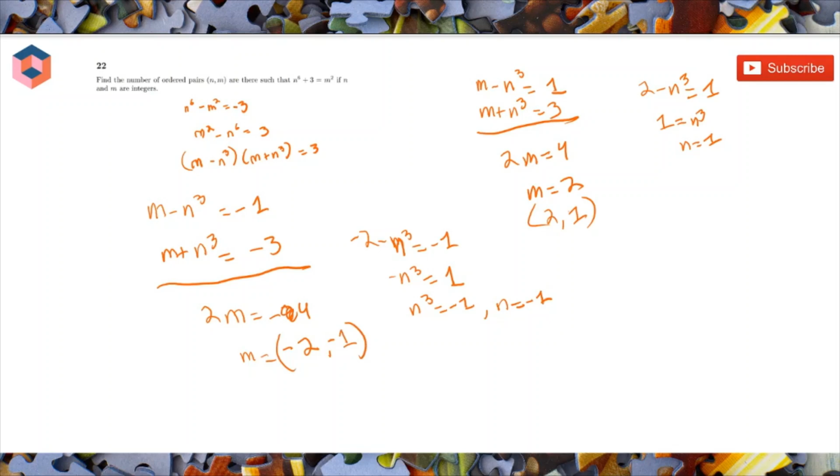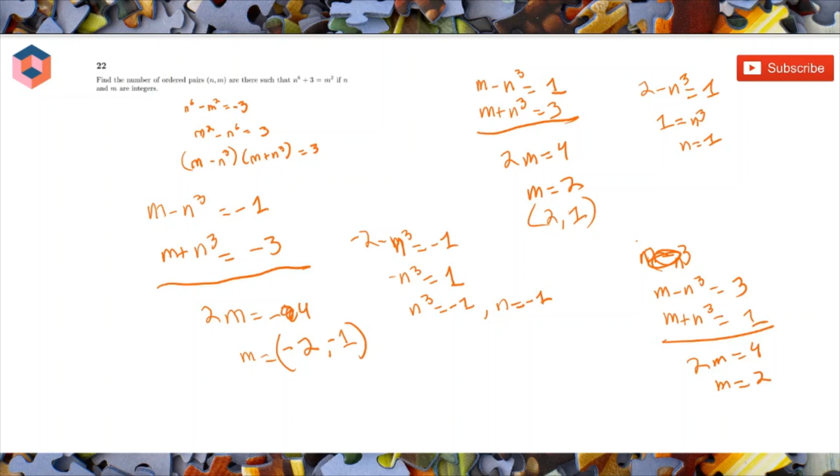Now let's say m minus n cubed is equal to 3. Then m plus n cubed is equal to 1. Adding up the two equations, we get 2m equals 4, or that m equals 2.